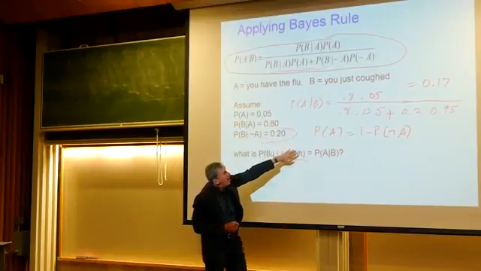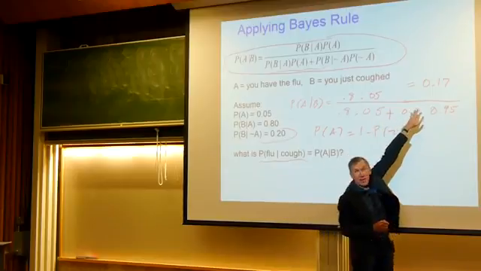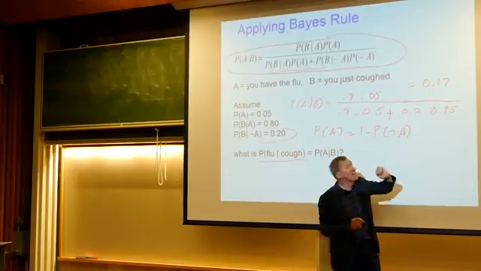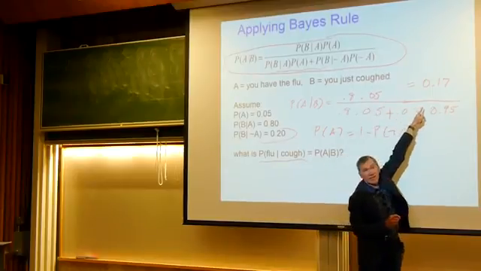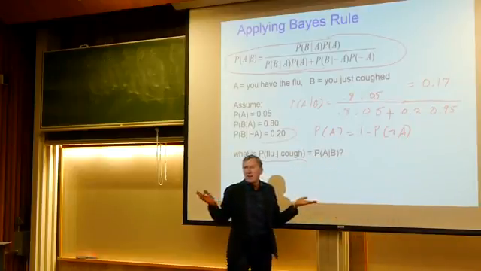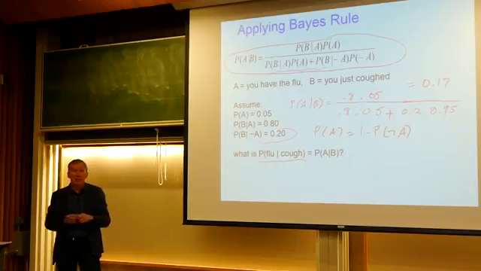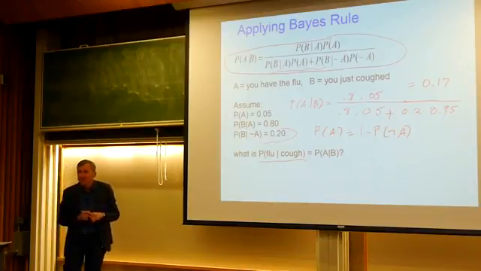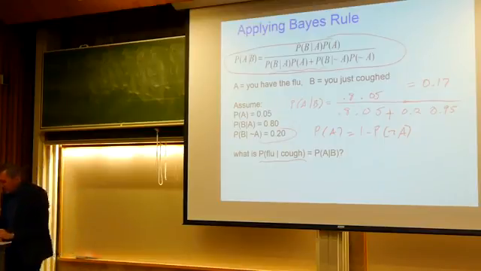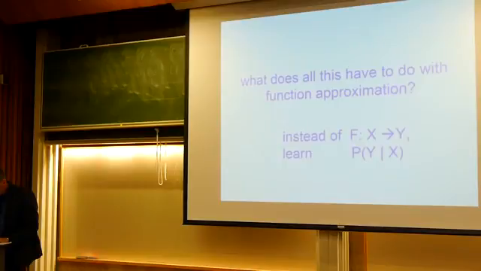Now if they've coughed, their posterior probability went up from 5% to 17%, but it's still much below 0.5. So it's still more likely that they don't have the flu even if they coughed. Okay? All right, so that's a simple use of Bayes' rule just to get us all on the same page.